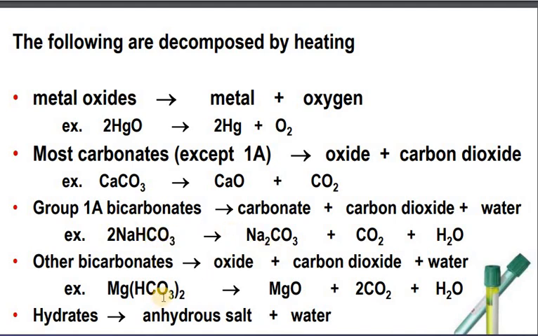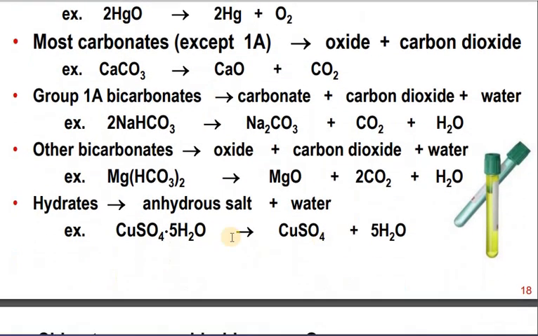Similarly, magnesium bicarbonate can also be converted to oxide, carbon dioxide and water. These are the basic things we should keep in mind whenever we take up balancing an equation. Similarly, hydrated salt: copper sulfate pentahydrate gives rise to anhydrous copper sulfate. I suggest you write the skeletal equation without balancing and then try to balance. This is the way to do more practice.